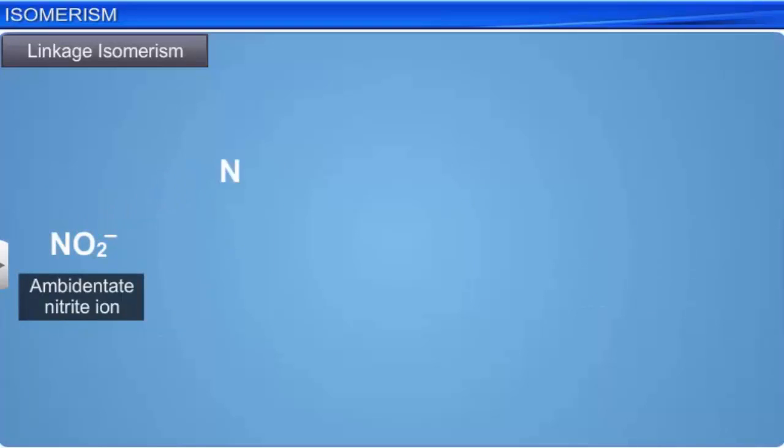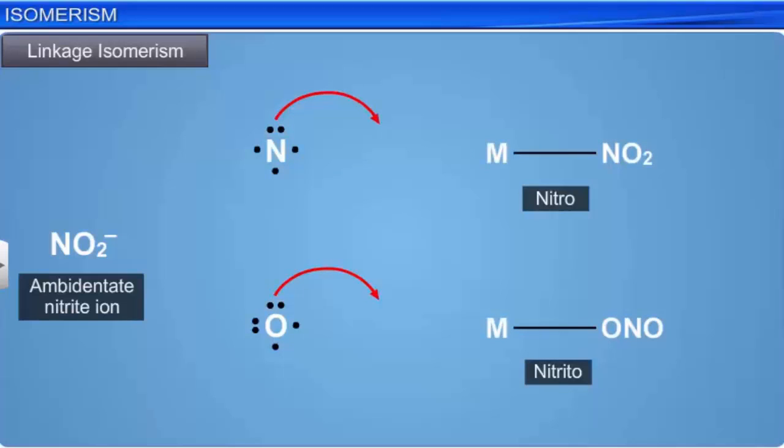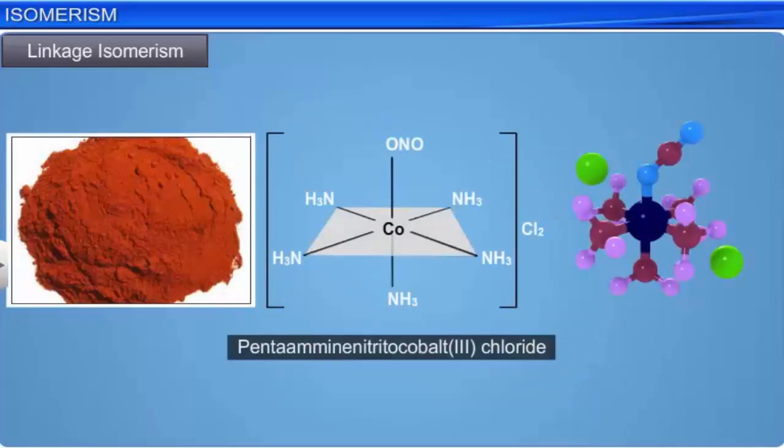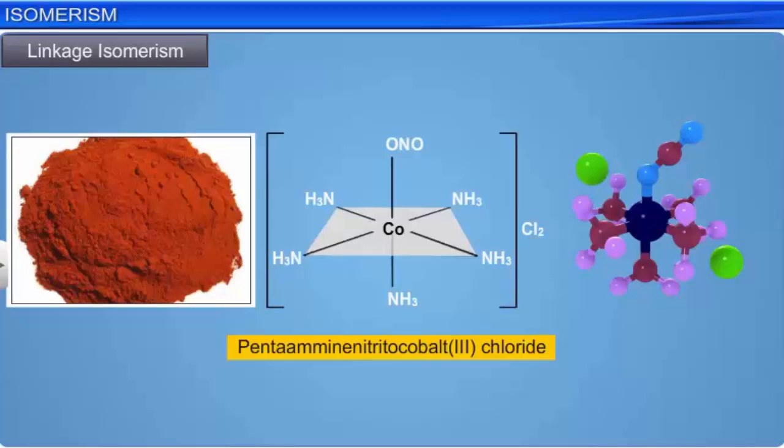2 different complexes, each containing nitrite ions, have been prepared. For example, red pentaamine nitritocobalt 3 chloride, in which the nitrite ligand is bound through oxygen, and yellow pentaamine nitrocobalt 3 chloride, in which the nitrite ligand is bound through nitrogen to the metal ion.